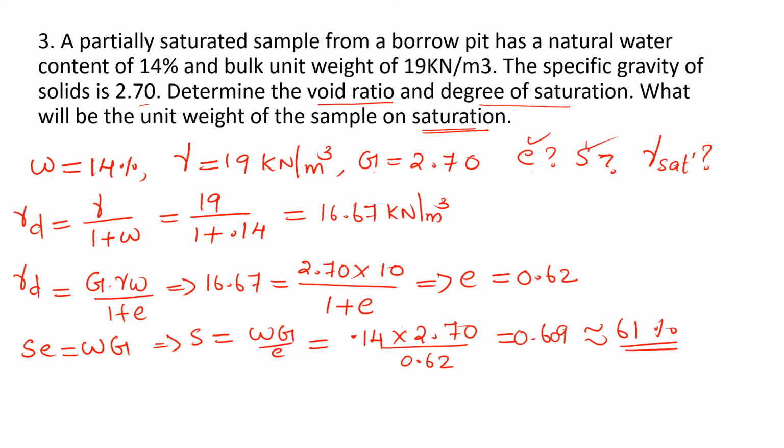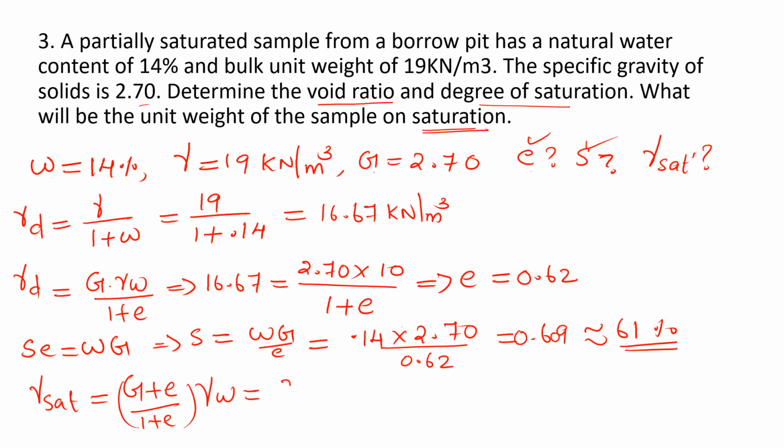Now you need to calculate gamma saturated. We know the equation of gamma saturated; we derived that equation in the last class. Gamma sat is equal to G plus e divided by 1 plus e, into gamma w.